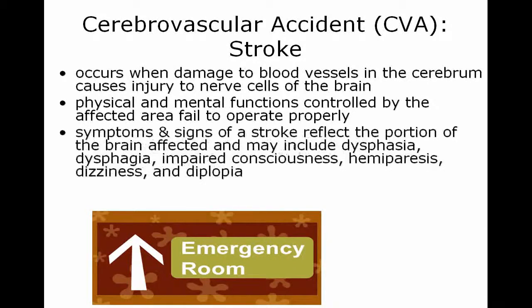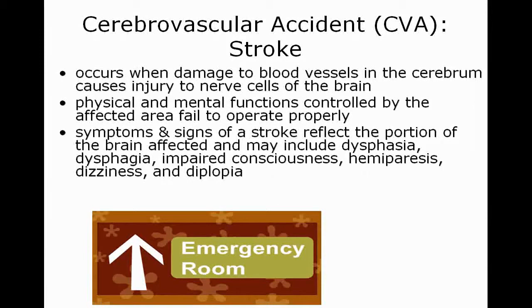As far as the signs and symptoms, it's all about what area of the brain is affected by the stroke. I showed you the picture in your book that shows the different areas of the cerebrum that control different parts of the body. So the signs and symptoms a person has of a stroke depend on what portion of the brain is affected.